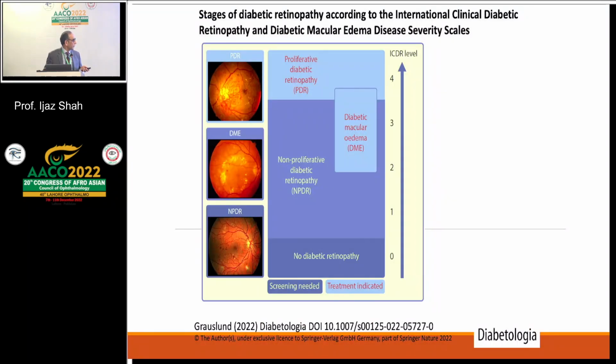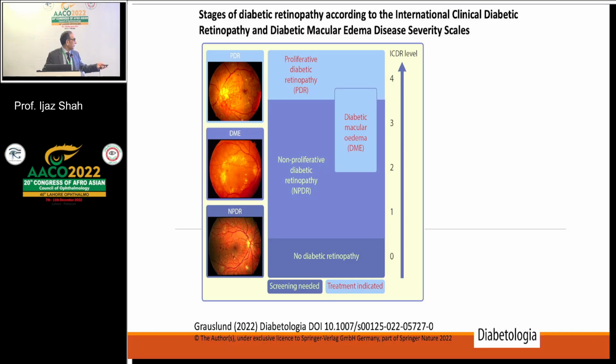There are so many classification systems, but it's important we use something very simple. The main thing is what our screening needs are and what treatment is indicated. So any imaging system we are utilizing, based simply on cameras or smartphones, should be able to tell us what it is and which people should be indicated for treatment.